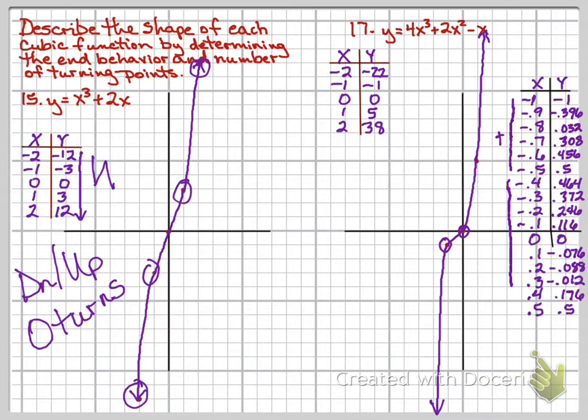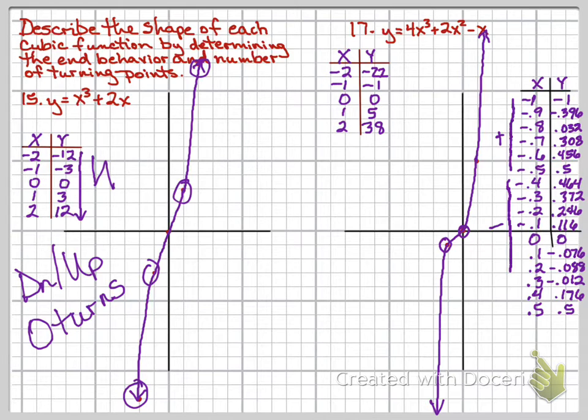Okay, so let's come back up here a little bit. We hit here at 0.2, and we got to a low point of negative 0.088, and all of that was going down.